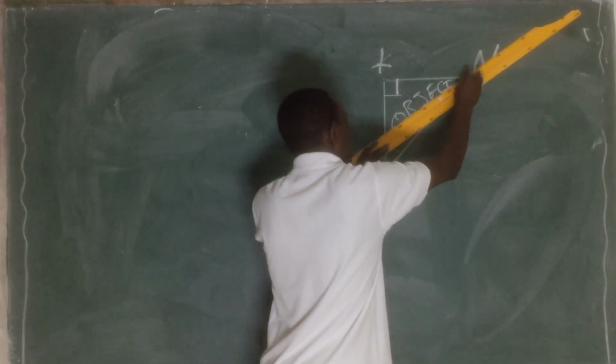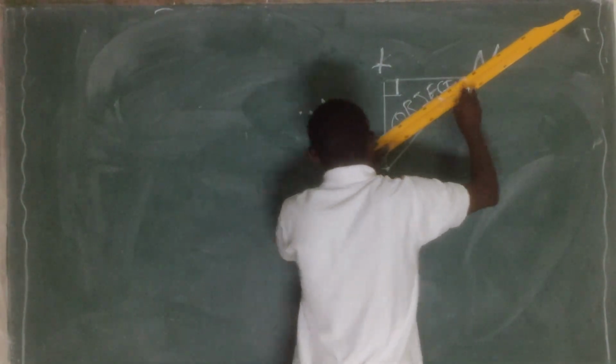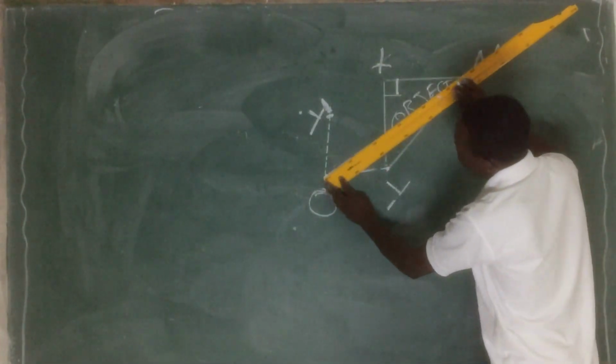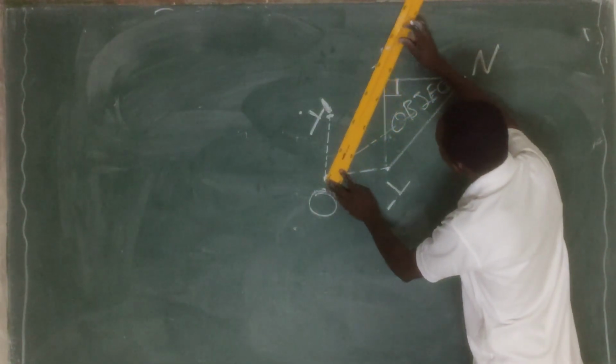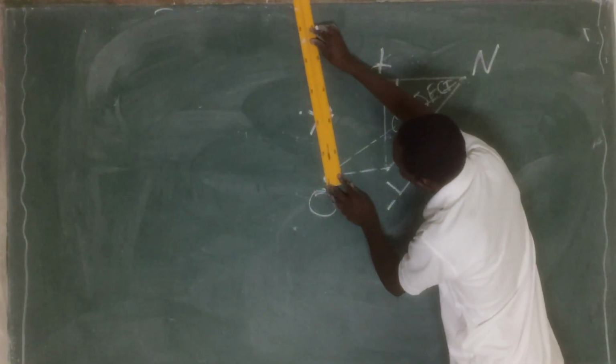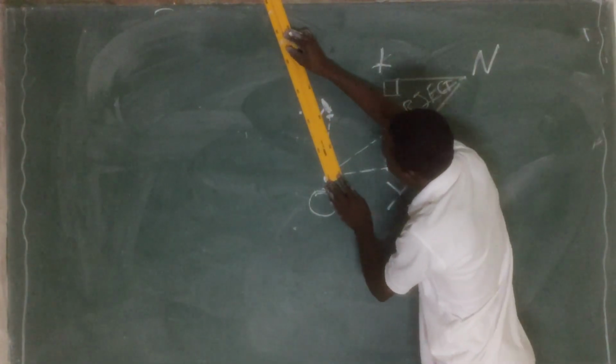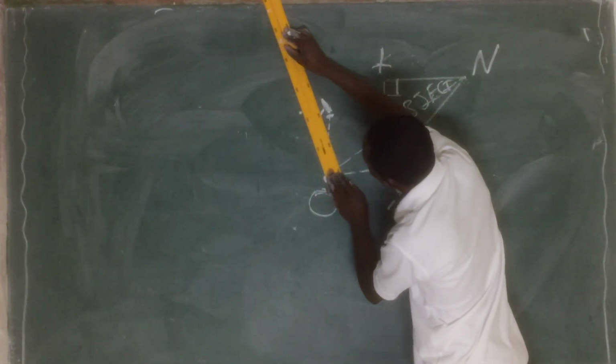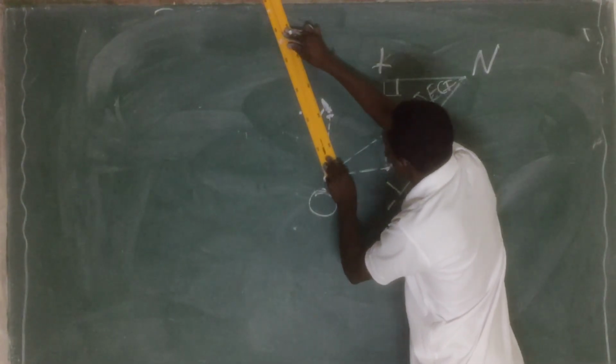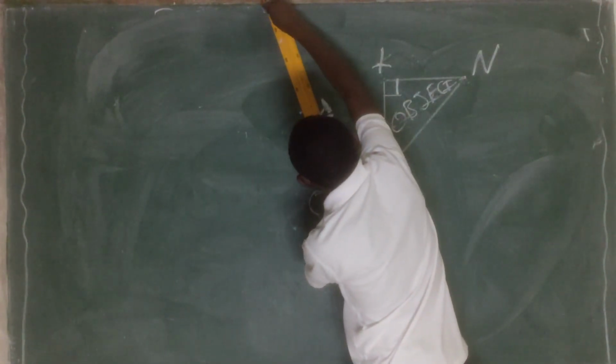So this is the mark I'm pressing here. I'll lay my ruler against that preceding position, but within this line. So approximately my N must be somewhere here.